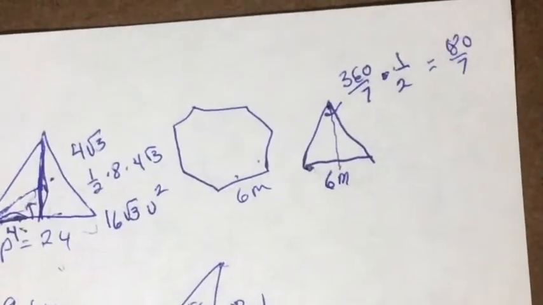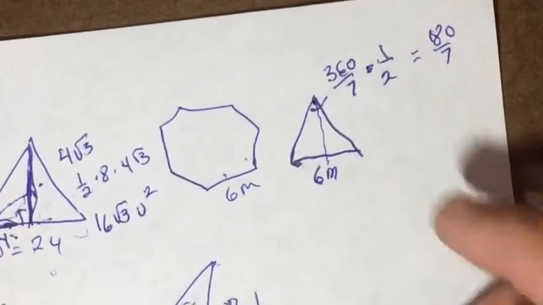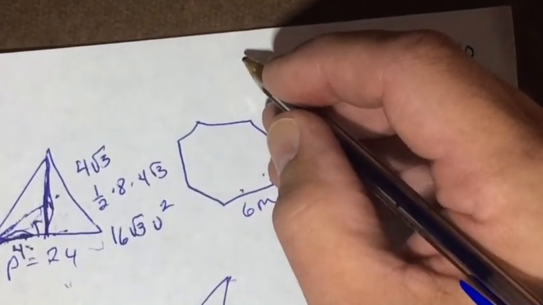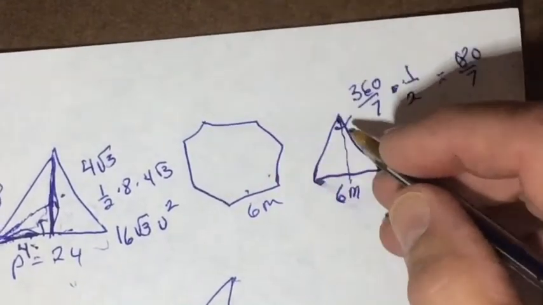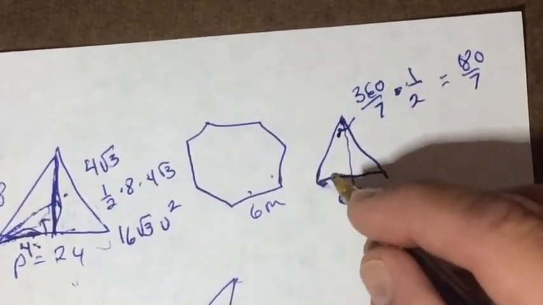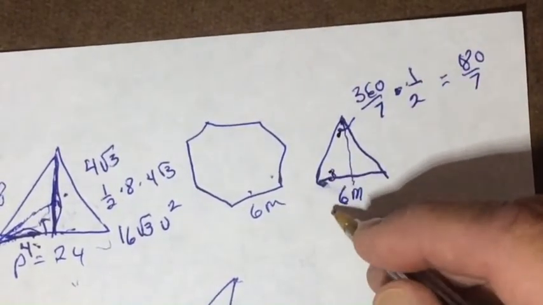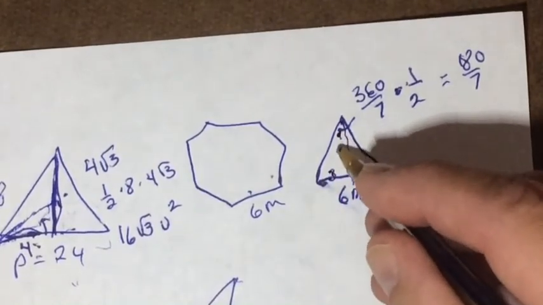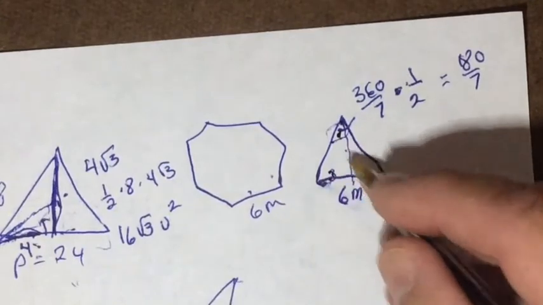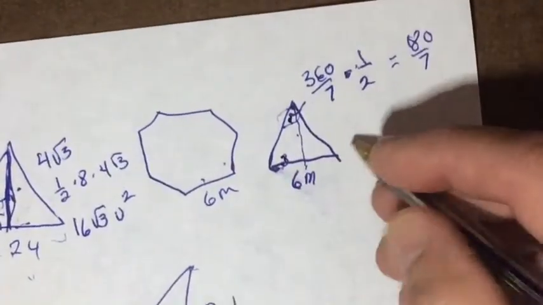But if you have a calculator, it shouldn't matter much, because whatever this angle is right here, you know this side is 3, and you know the tangent of this is opposite over adjacent, which is what the height is.